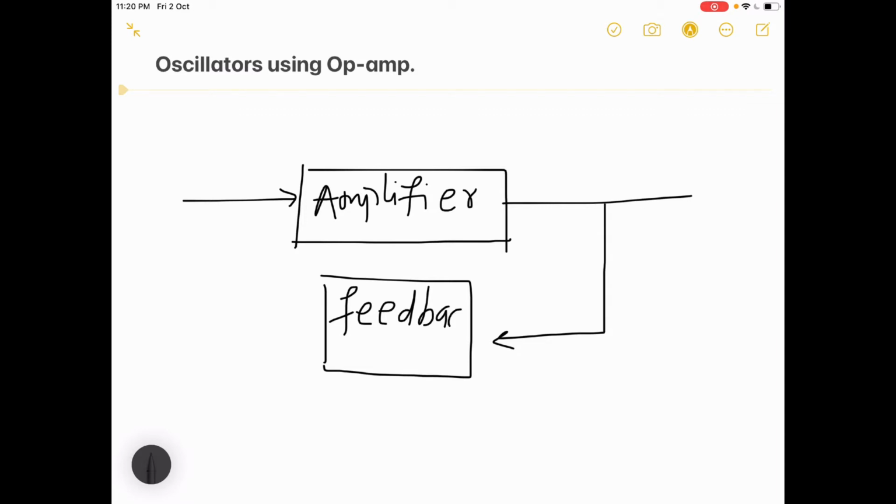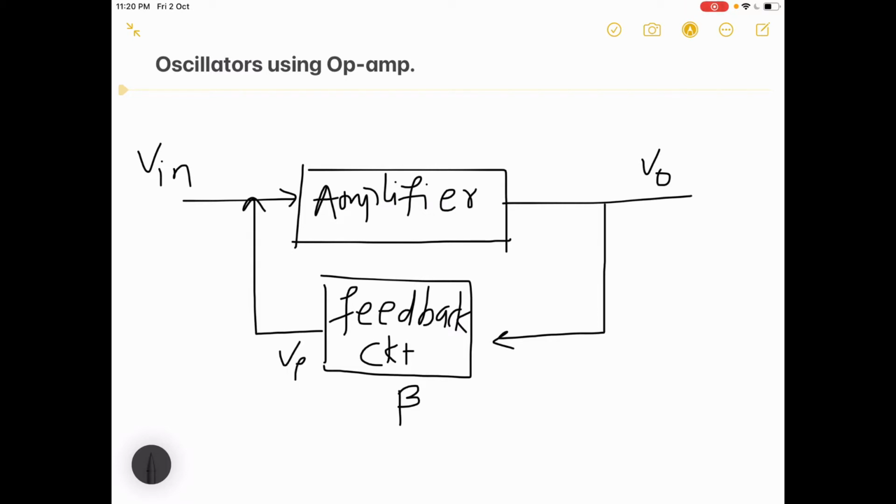It contains components like resistors and capacitors, and it forms a feedback circuit, and that feedback circuit output is given to the amplifier input. So, this is V in, this is V out, okay, and the gain of this feedback we can call beta, which is the feedback ratio or feedback gain.